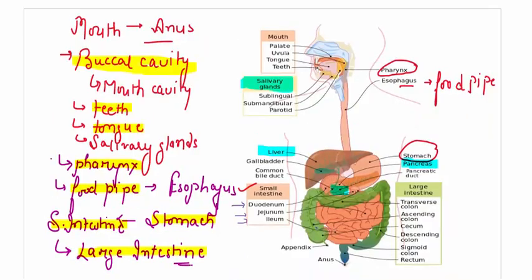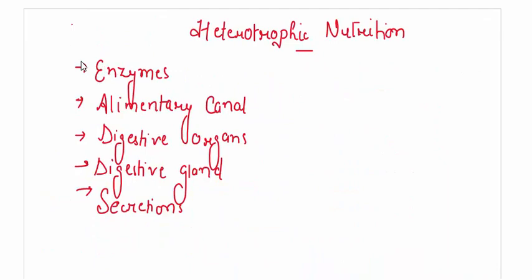So in this video I have planned to cover these many points. Enzymes, let me recall, are biocatalysts. Enzymes are substances which enhance the rate of the reaction several manifold, easing the chemical reactions in the living body. After that, we discussed the alimentary canal, which is another name for the digestive system.